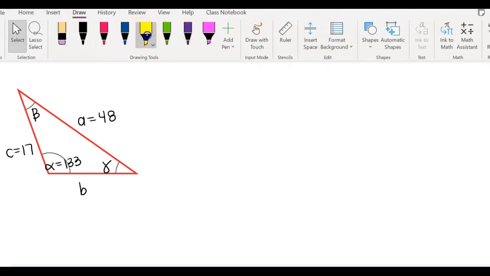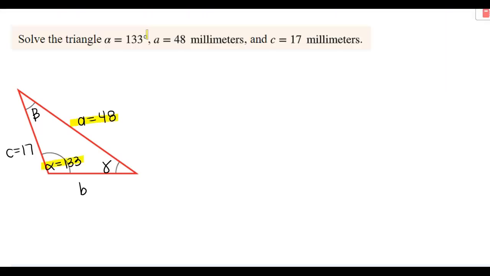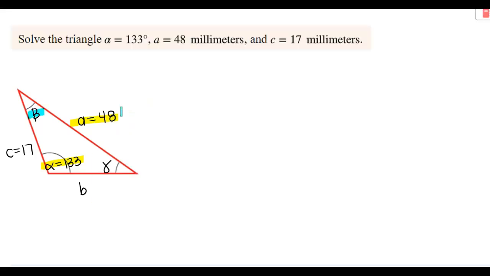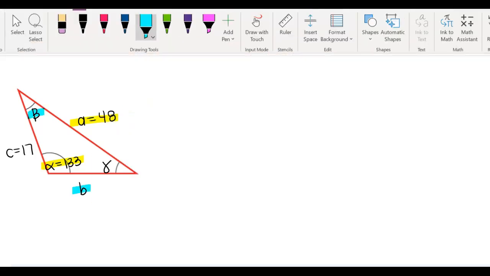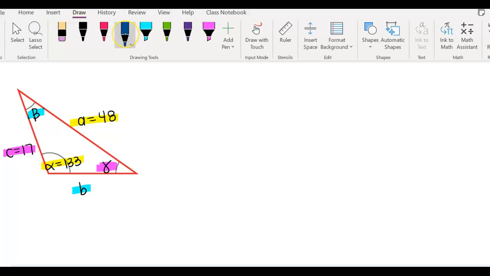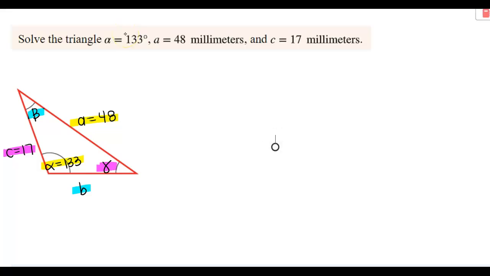Okay, so if we want to go ahead and color code these, I'll do an alpha. Again, it doesn't matter the color if you want to color code them differently. I just really want to show you the start of this one, and then you can go ahead and finish it on your own. Okay, so for this one, our pair here is the yellow set, right? We have alpha and we have a.